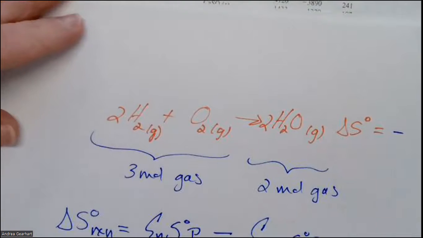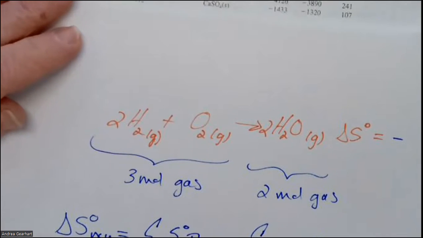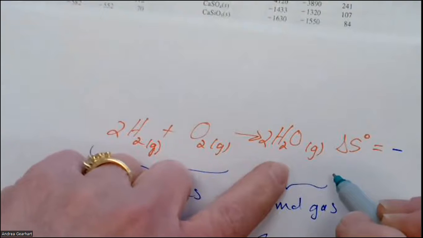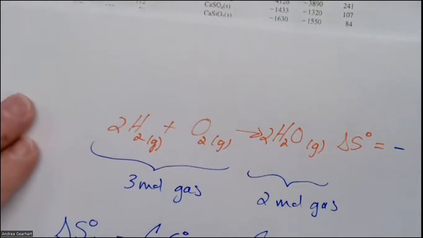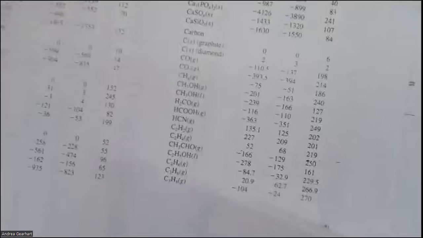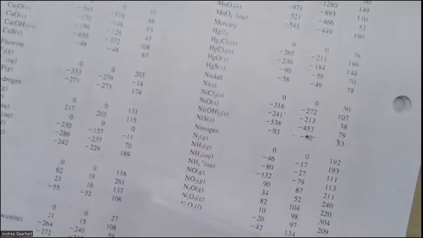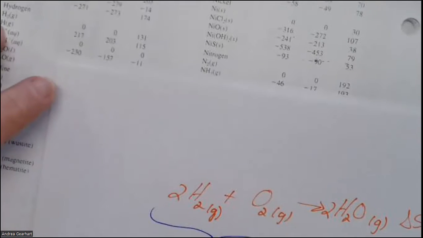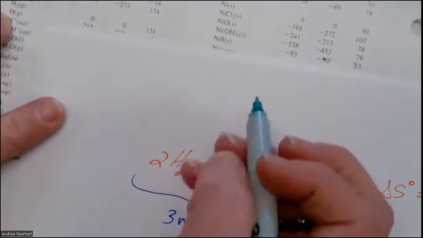Leah, could you find O2 gas for us? And Rachel, do you mind finding H2O gas, the absolute entropy? And so remember, these are quote unquote alphabetical. So if we want to go to hydrogen, then oxygen. Whenever you have it, say it loud.